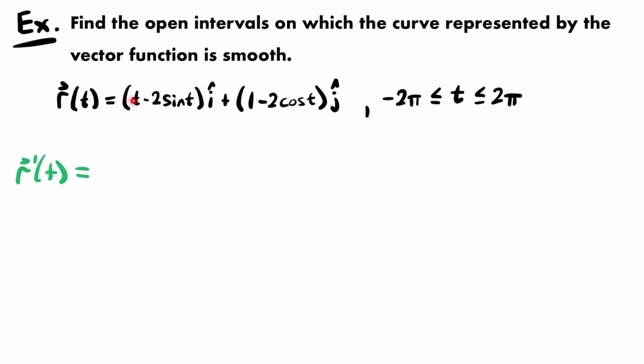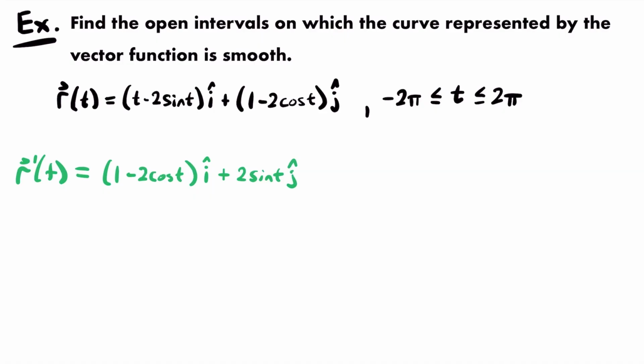The derivative of t is 1, and the derivative of sine is cosine. So we will have 1 minus 2 times cosine t times i, and then we'll take the derivative of the y component. The derivative of 1 is 0, and the derivative of cosine is negative sine, so we will just have positive 2 sine t times j.